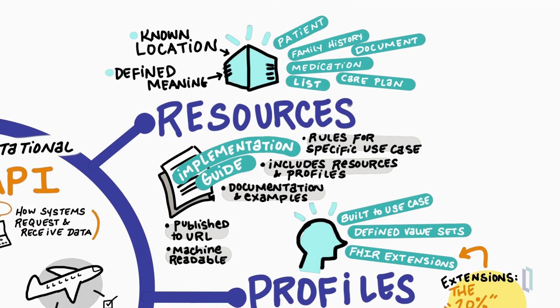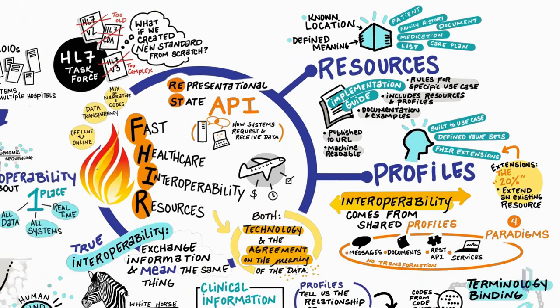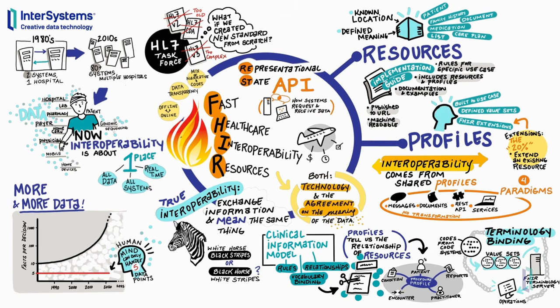That is one of the game-changing, if you will, features of FHIR, this machine readability of everything. Prior standards were published as documents and had to be read and interpreted. So that brings us to the overview of the entire FHIR specification.